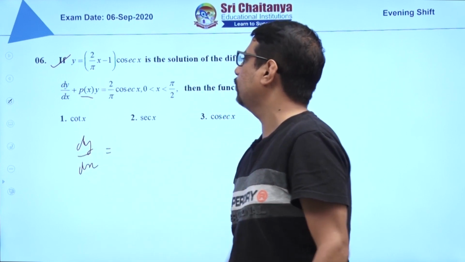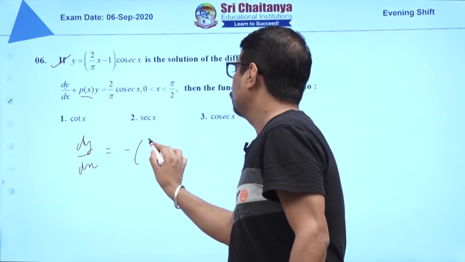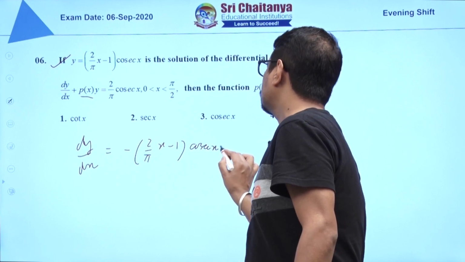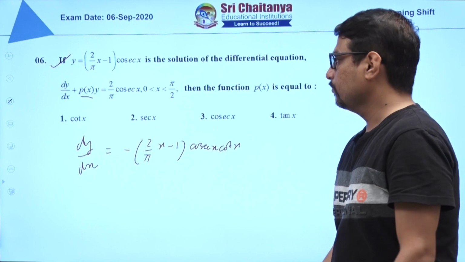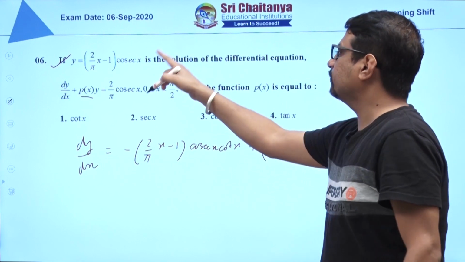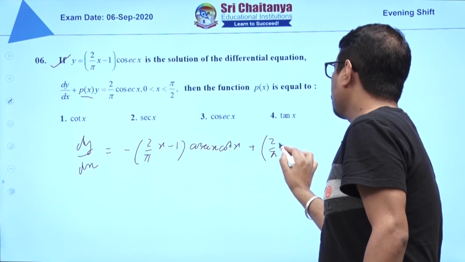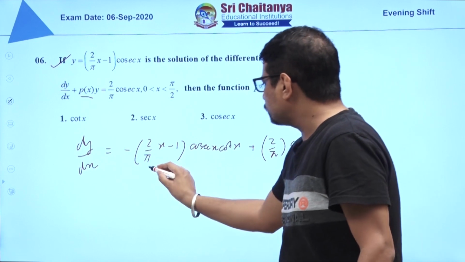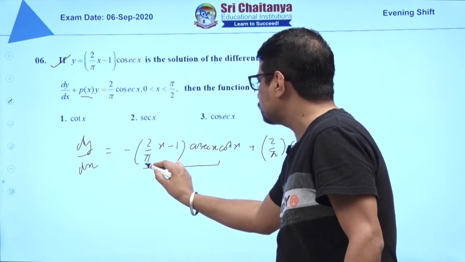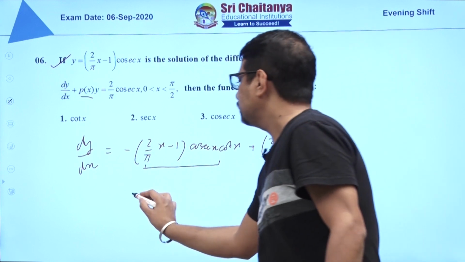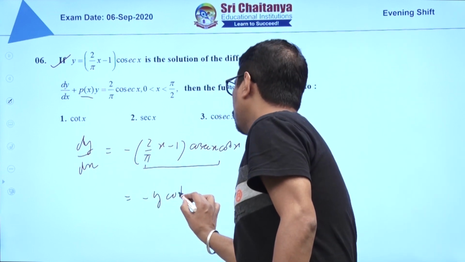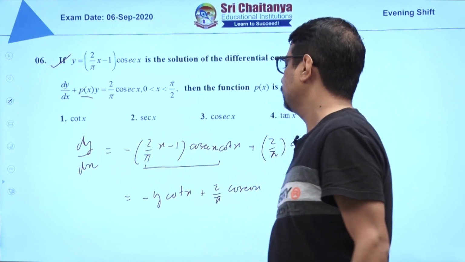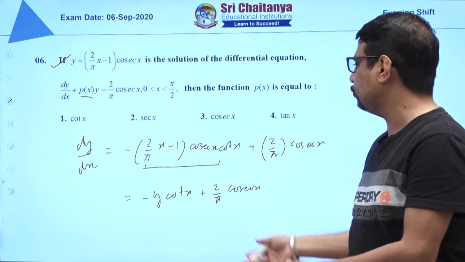So dy by dx will be equal to minus of 2 upon pi x minus 1 into cosecant x cot x plus derivative of the first term, which is 2 upon pi into cosecant x. If you observe 2 upon pi x, this part is equal to y only. So you can write this equal to minus y cot x plus 2 upon pi cosecant x. Take this on the left hand side, dy by dx plus y into cot x is equal to this.